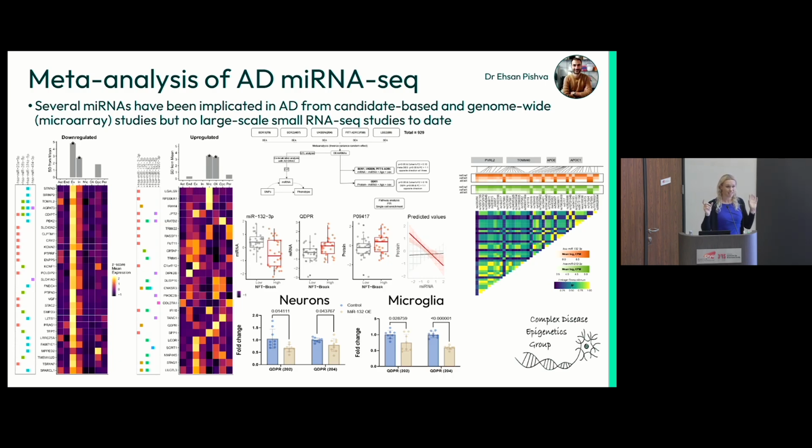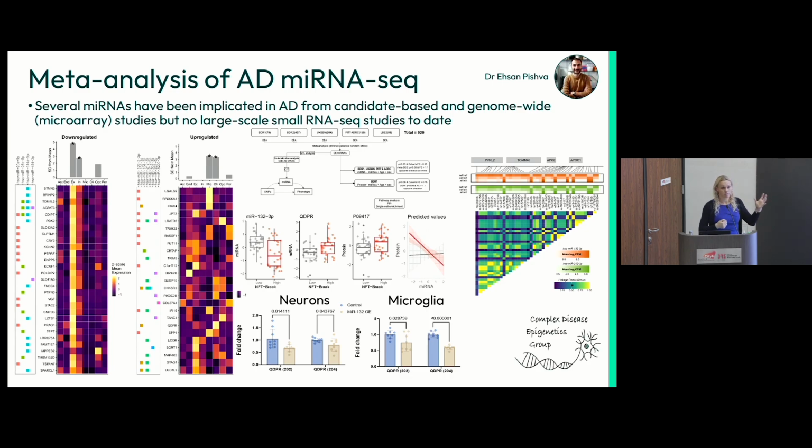That is really interesting because they're on different chromosomes, which suggests that microRNA 132, which we know is one of the strongest hits in Alzheimer's disease, talked about in candidate studies for years, is also associated with ApoE, the strongest genetic association with Alzheimer's disease. It suggests potentially they're interacting in 3D space.